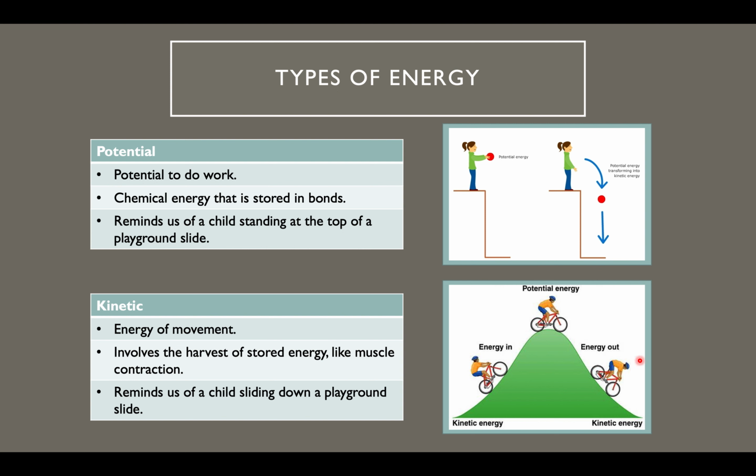A couple other notes that I have include: kinetic energy is the energy of movement or motion. Potential energy is just stored energy, which is a good way to remember it. Chemical energy is a type of potential energy stored in chemical bonds. Activation energy is the minimum amount of energy required to initiate a reaction.